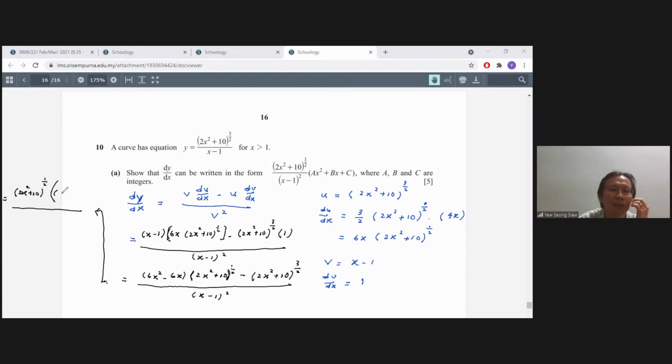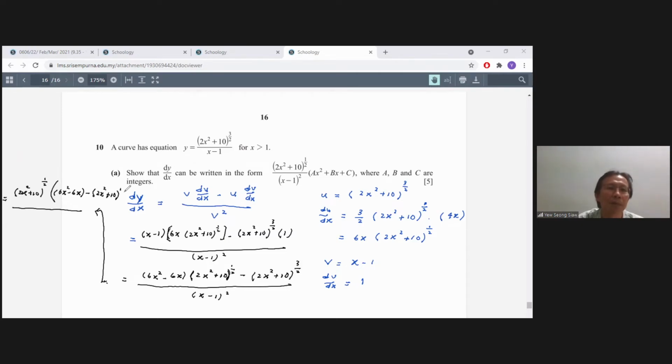You copy this one inside, 6x squared minus 6x. Then the second term, 1 over 2 bring outside. So you left 2x squared plus 10.